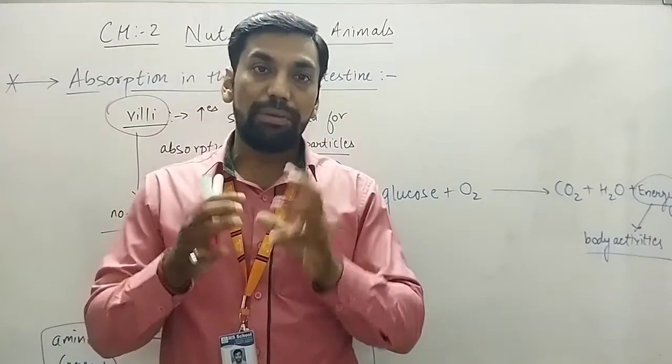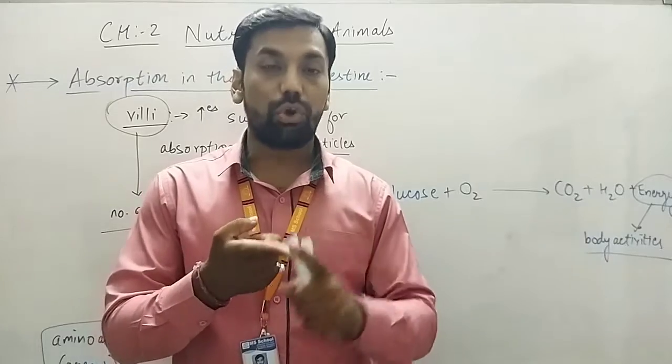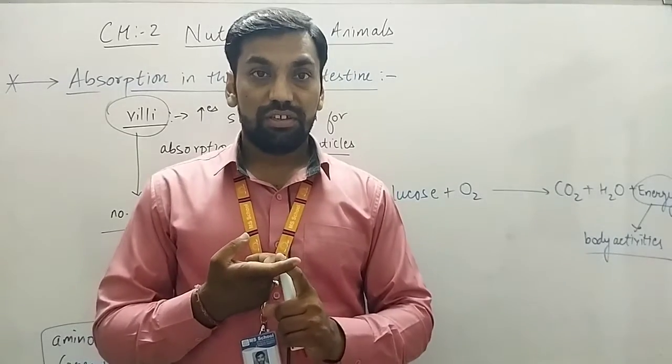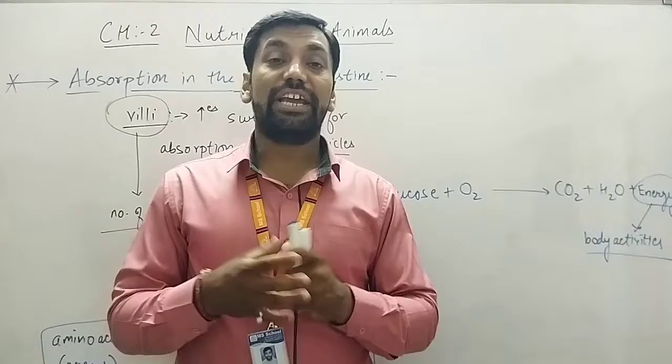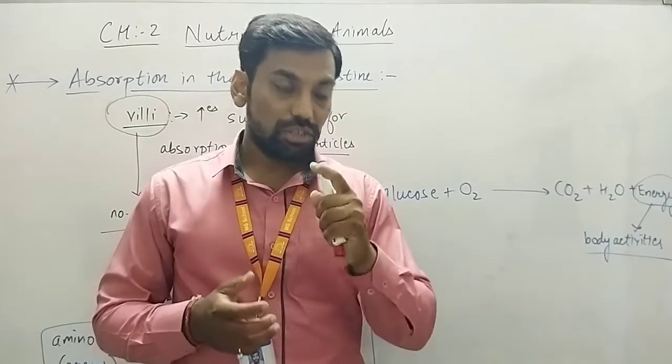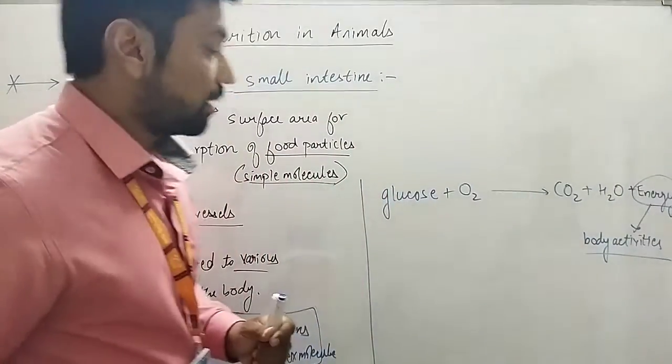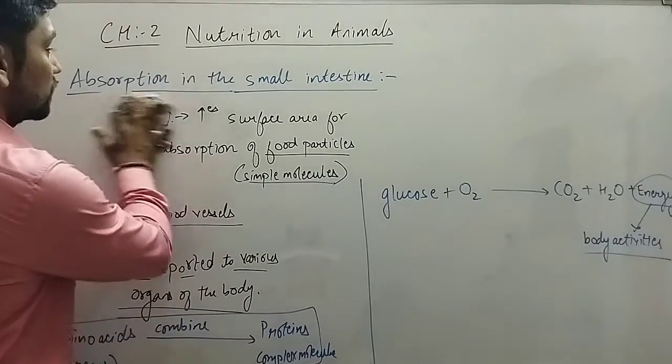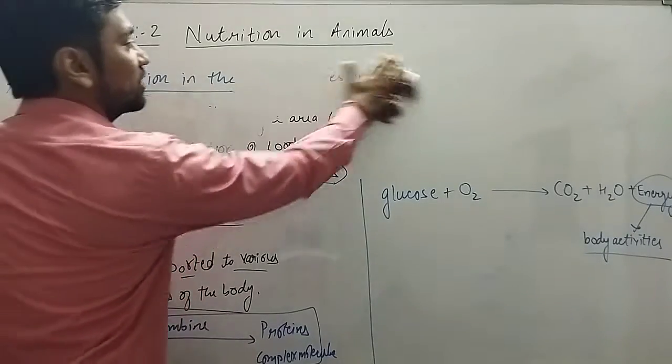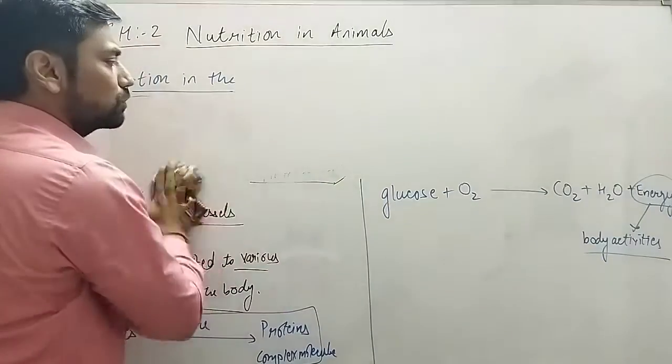Now, the remaining part of the nutrients, that is salts and water, from where do they get absorbed in the body? So we will discuss absorption in the large intestine.